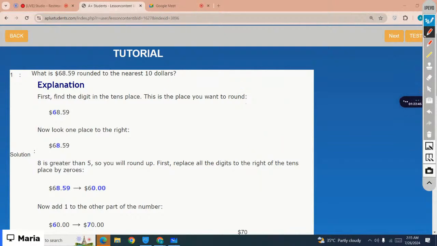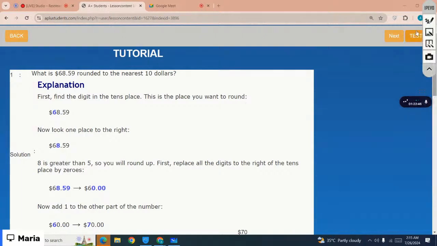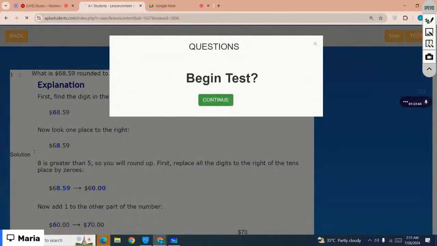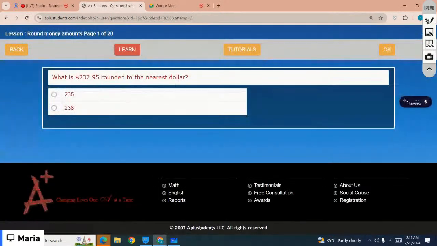Let's just start with the test questions. Okay. What is 237.95 rounded to the nearest dollar? So you have to round to the nearest dollar.